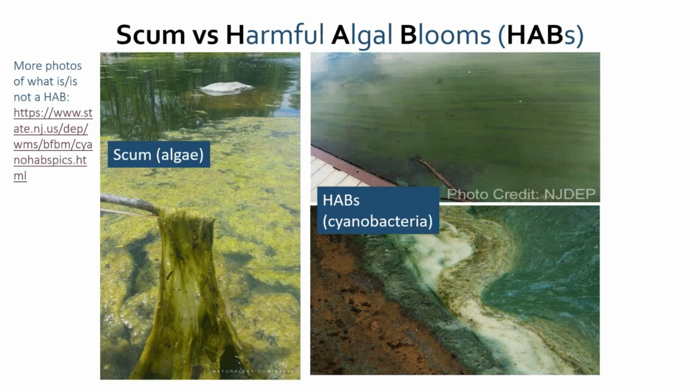So to reinforce that thought, on the left is scum or algae that holds together if you were to poke it with a stick, and on the right are some examples of harmful algal blooms or from cyanobacteria. And if you were to poke it, it would stir around, but you wouldn't be able to pick anything up. It would just be in the water. And if you do think something is a harmful algal bloom, again, you should report that, and DEP can follow up to see if it is or not.